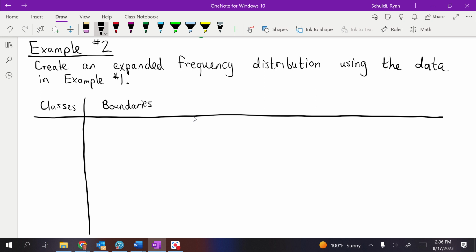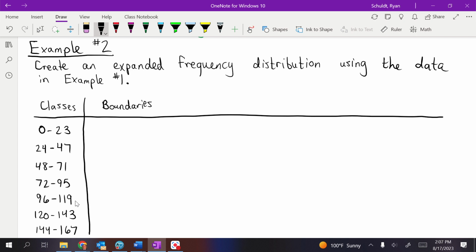Okay, so can y'all help me with the classes? What were our classes? 0 to 23, okay. And 24 to 48 to 72, 96, 120, 143, and then 144, 167.